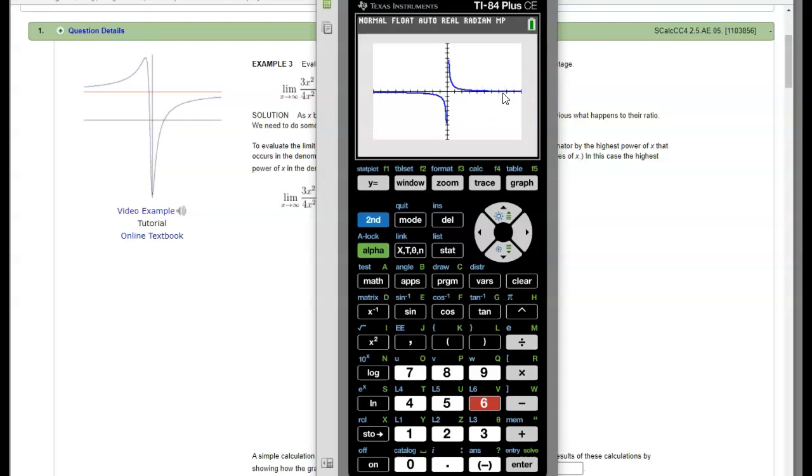So 1 over 10 would be 1/10, 1 over 100 would be 1/100th. So this is going to 0. It's hugging the x-axis, and that's the same as having a horizontal asymptote of y equals 0. So y equals 0 is the x-axis.